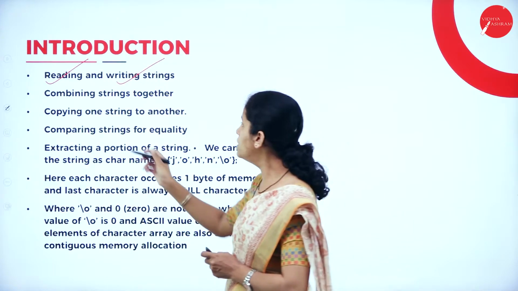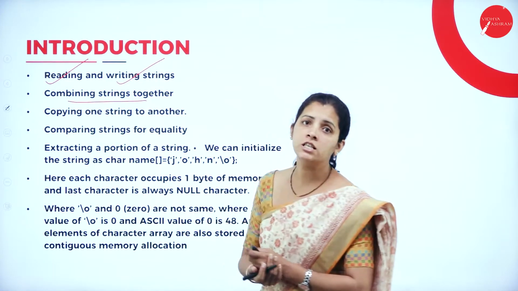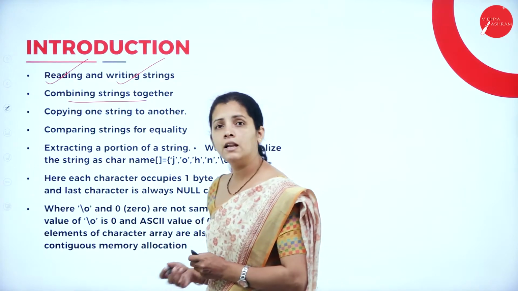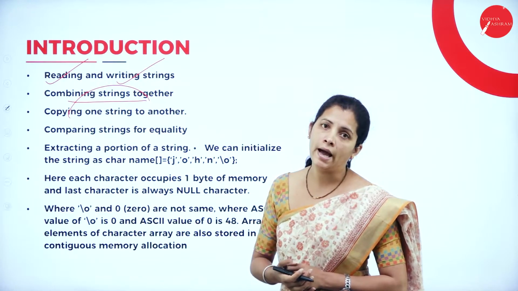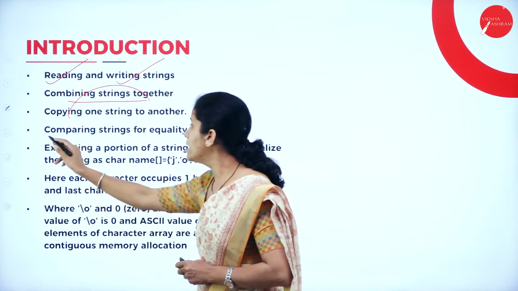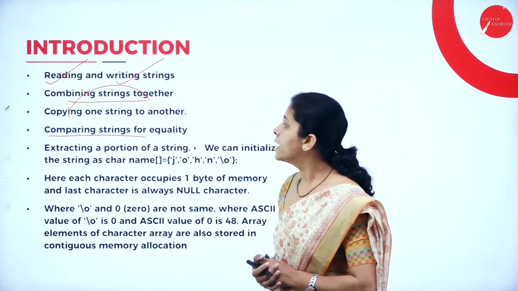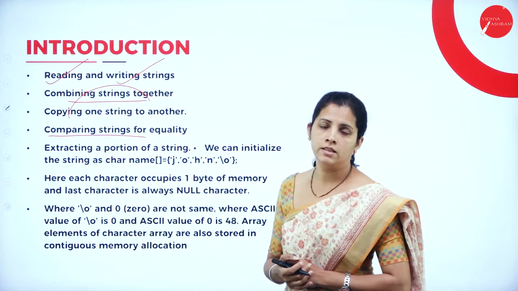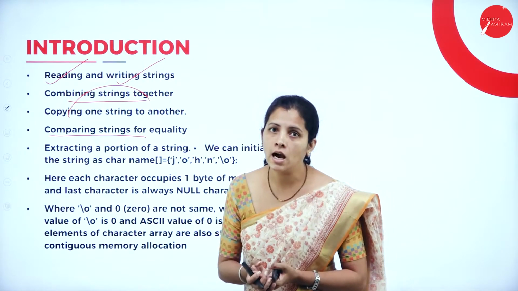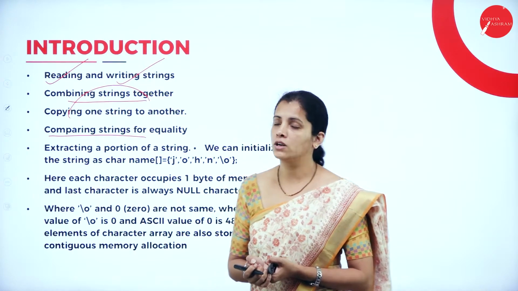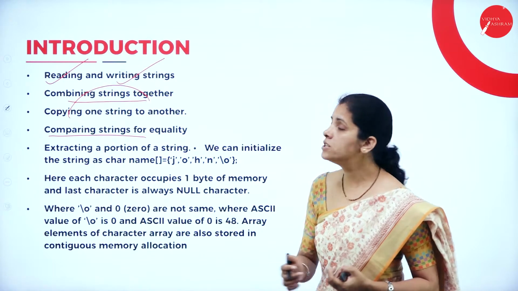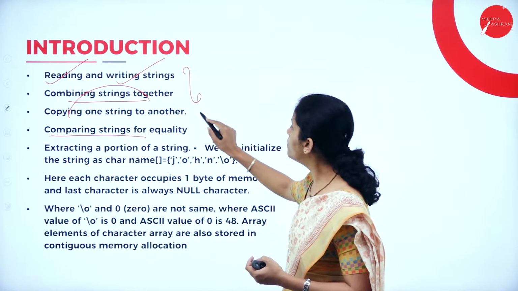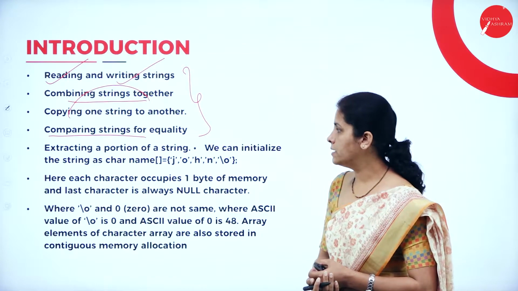I can even combine two strings together. I can even copy one string to another string and I can compare strings, that is, whether both strings are equal or not. So these are the operations or functions I can perform on a string.